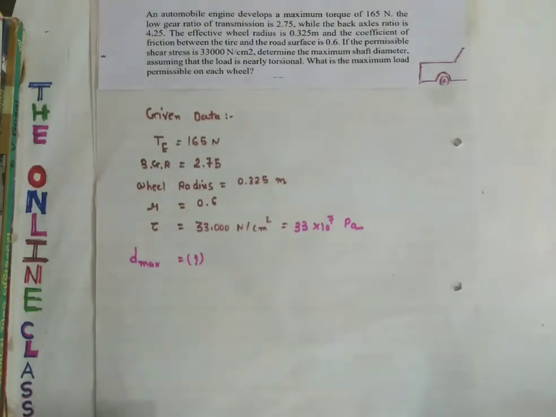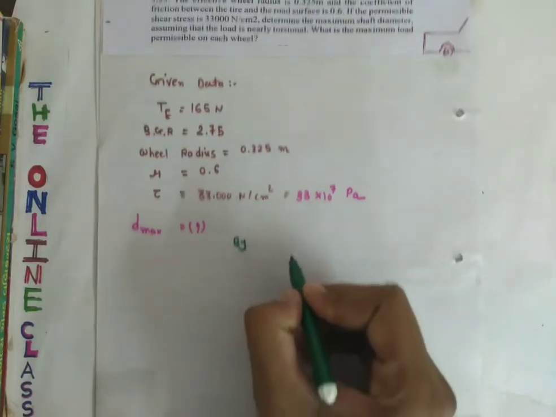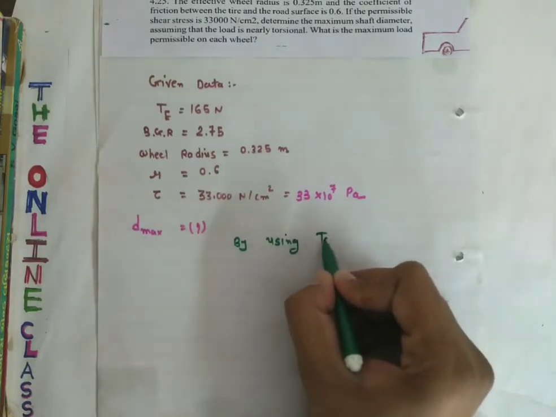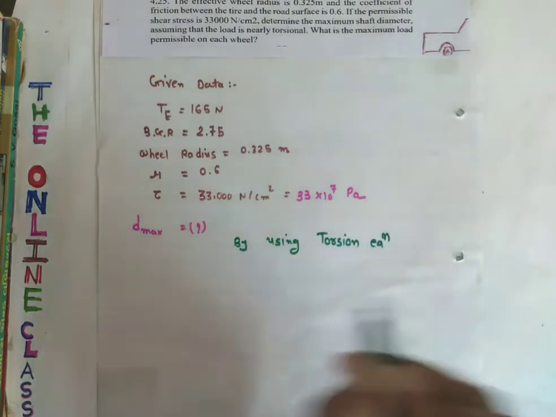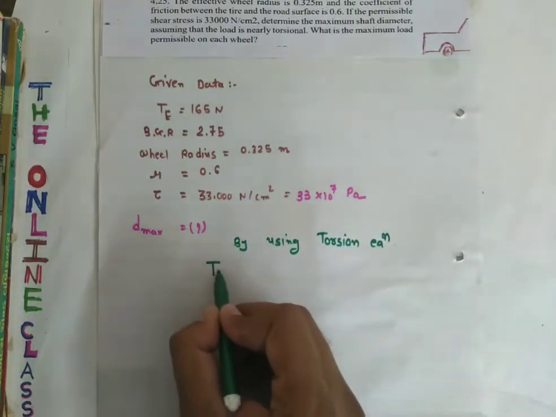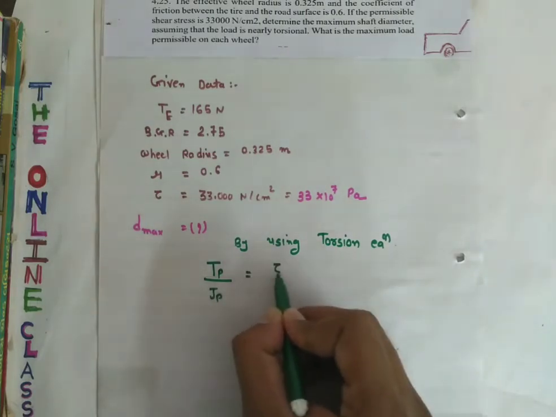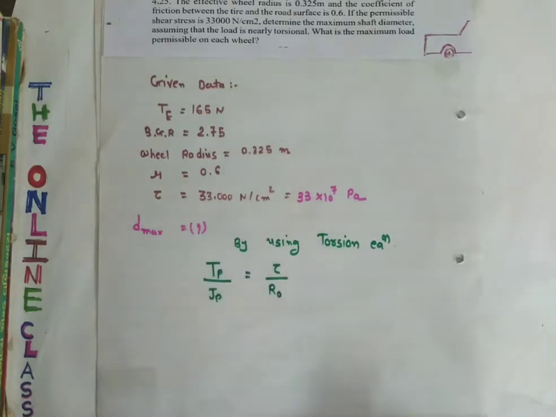So here by using the torsion equation, what is the torsion equation? Tp divided by Jp is equal to tau divided by capital R.